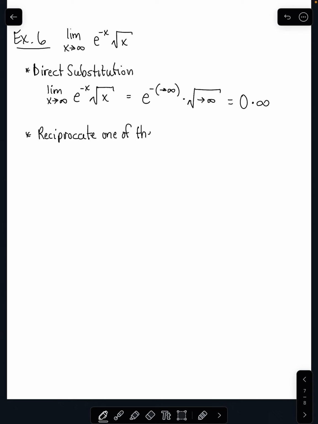In this case, since the e to the negative x already has a negative exponent, that is the, I hope, obvious choice to reciprocate. We can move it to the denominator where it becomes e to the positive x. This changes the indeterminate form to infinity over infinity, which is the form that we need in order to use L'Hopital's rule.